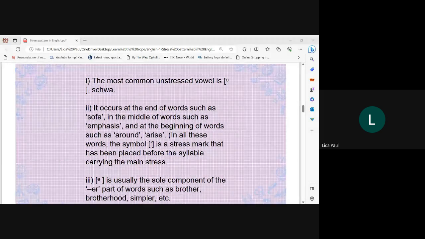The only point I'm trying to make here is that whenever you find, after the syllabification, that a syllable carries the schwa sound, you can avoid it. You may not consider it for the stress marking, right? This is helpful, especially in the case of disyllabic words, because if one of them has a schwa, then definitely the other one gets the stress. You don't have to bother too much about where the stress could be marked. Okay, understood this point?